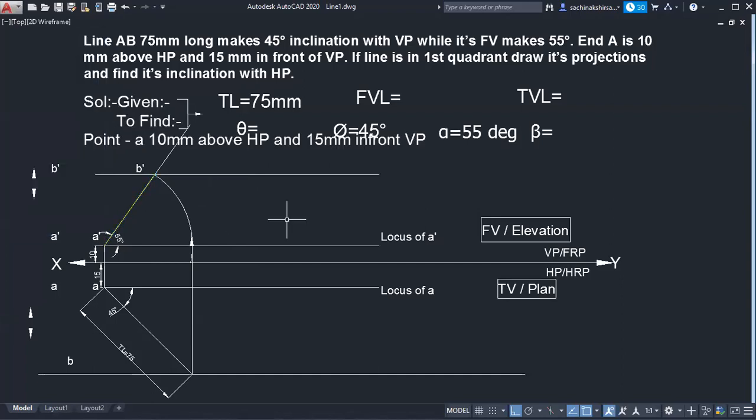From A dash to B dash, this length is 53. Exactly, it is 53. So one I got, it is the front view length.